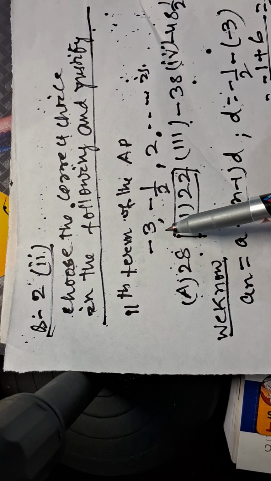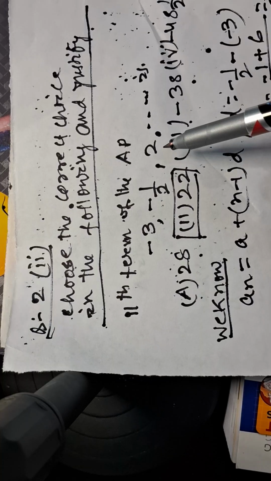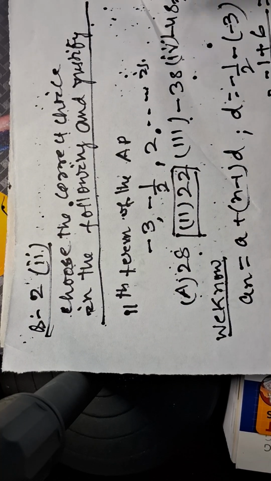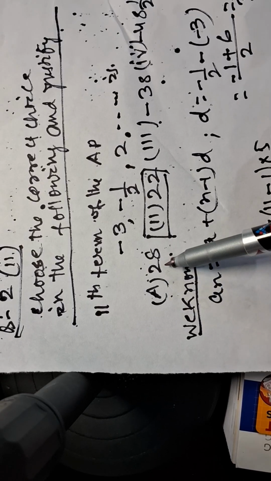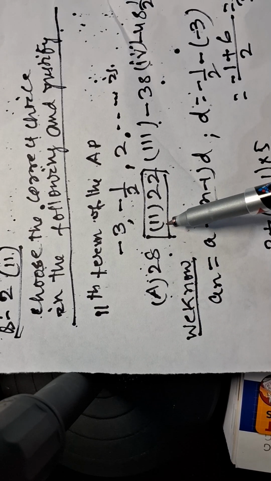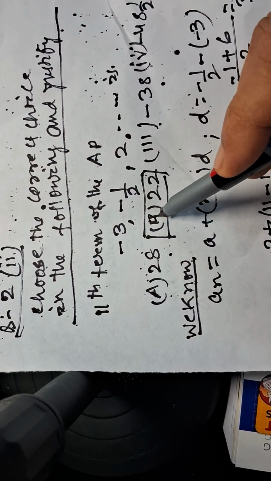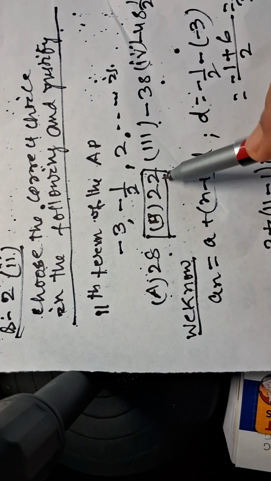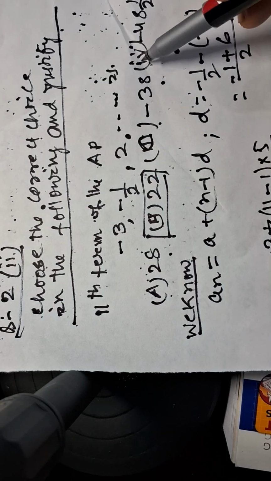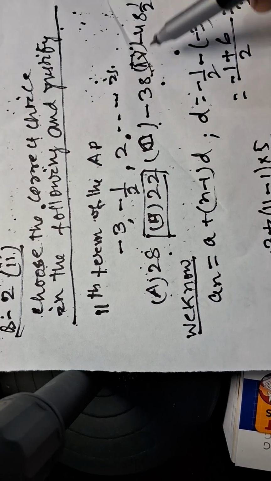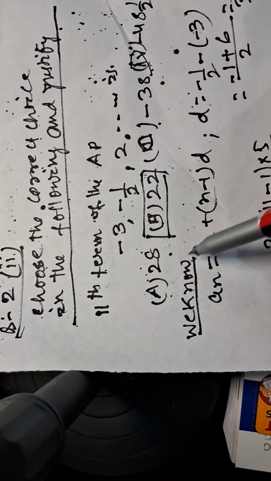This is the series, minus 3, minus 1 by 2, 2, and so on. Answer choices are given: a is 28, b is 22, c is minus 38, and d is minus 48 whole 1 by 2.